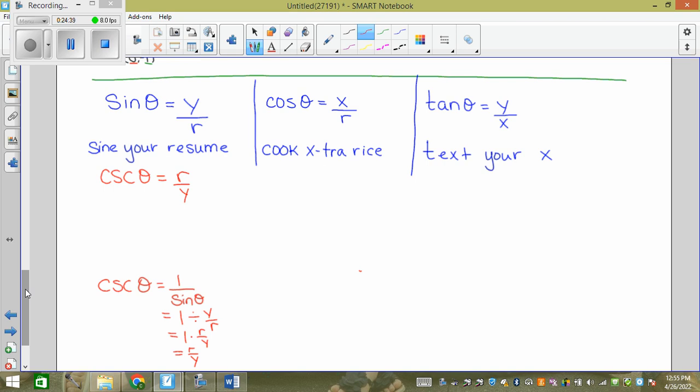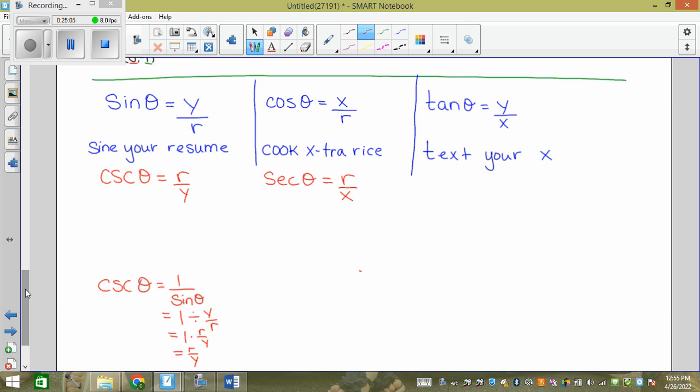Cos theta, if you look it up here, secant says 1 over cos. So secant and cos go together. Secant theta doesn't equal x over r, it equals r over x. It's just flipped, correct?